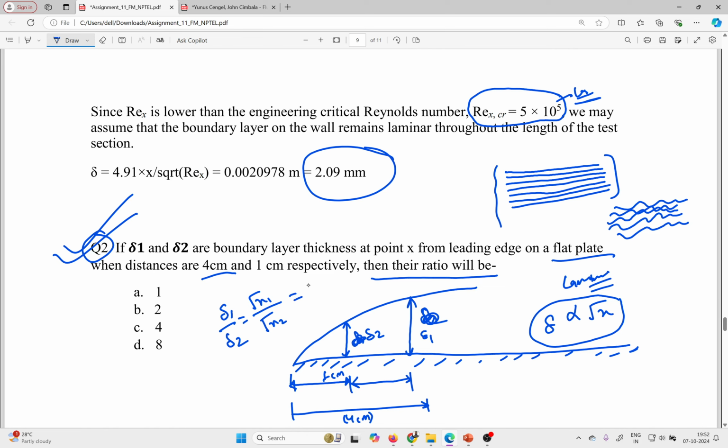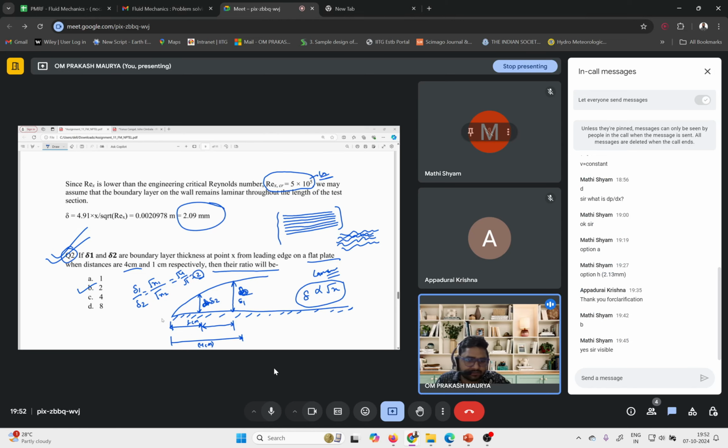Root x1 is 4, which gives 2, and this is 1. So finally it will become 2. So option B will be correct for question number 2. What is your answer? Let me just see. Okay, you are telling B. Yes, that's good. Now we'll move on to the next question.